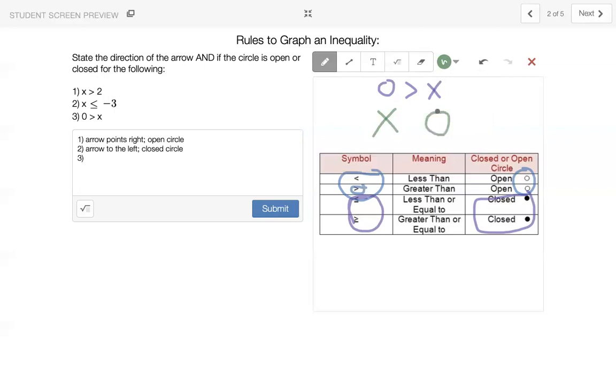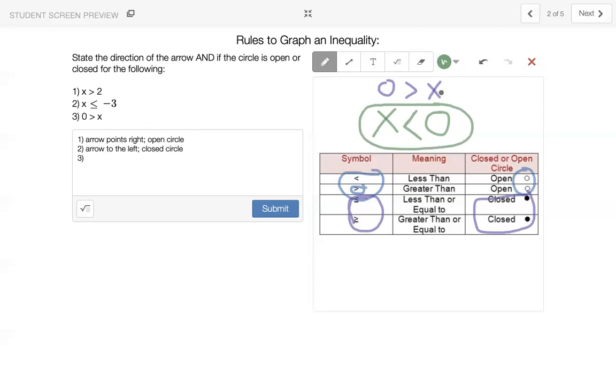Now, the problem is when we switch it around, we can't just drop this inequality symbol down here because it's not the same. If you notice here, this inequality symbol pointed to the x. So this inequality symbol down here also needs to point to the x. So we have to flip this one as well. So this is the correct format for number 3. We should have x is less than 0, not 0 is greater than x.